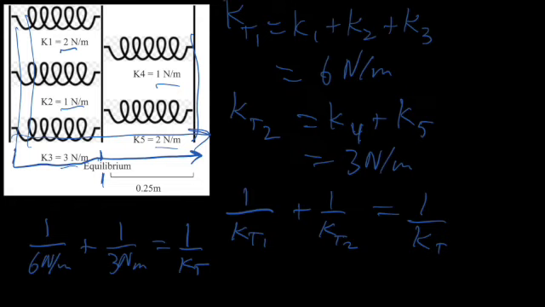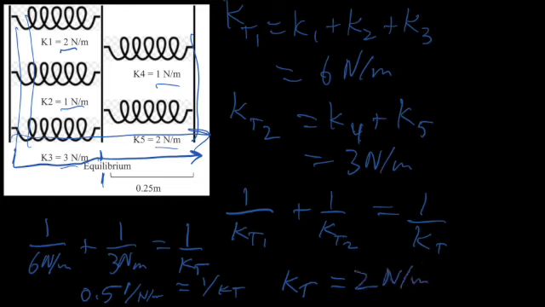So 1 over 6 plus 1 over 3 equals 0.5. So 0.5, in units of 1 over Newtons per meter, equals 1 over the total k value. We need to multiply by kt on both sides and divide by 0.5. So we get kt equals 1 divided by 0.5 Newtons per meter, so the total k value equals 2 Newtons per meter. This is our value for kt.